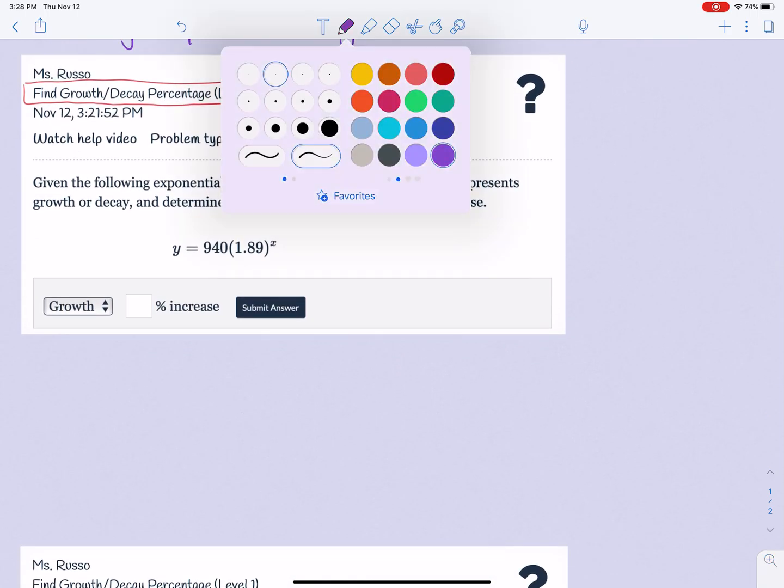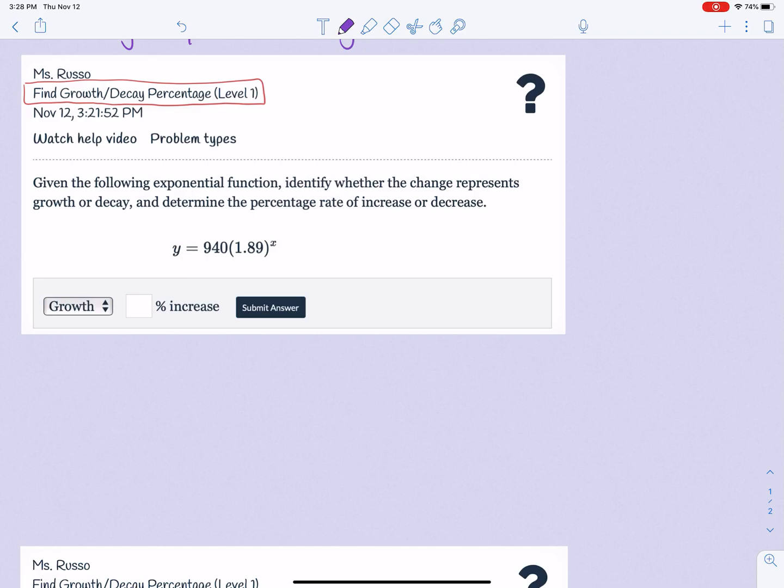Okay, so in our first one, it says, given the following exponential function, identify whether the change represents growth or decay. And notice we have to do two things, and determine the percentage rate of increase or decrease. Okay, so we just talked about the first part. I'll help you with the second part.